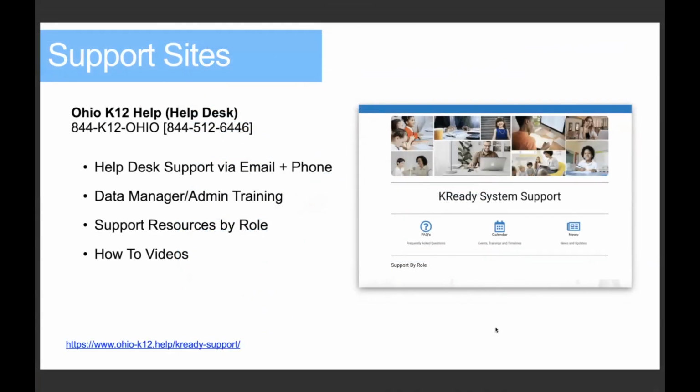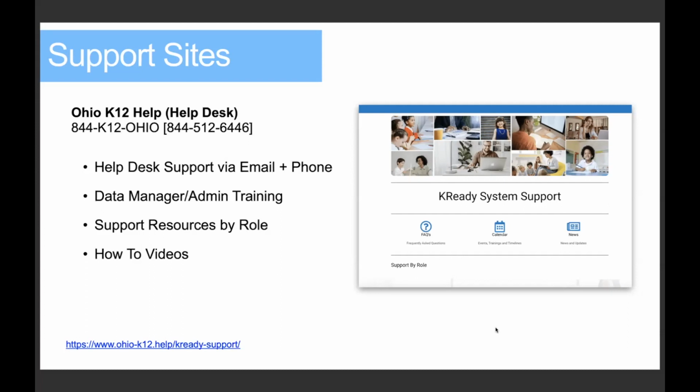The support site here is the Ohio K-12 Help Desk. I want to just point out a couple of quick things, and then I'll show you some things on the site itself. The first is the phone number for support. It's right there, 844-K-12 Ohio, or 844-512-6446. You can reach out to us if you have questions or need some technical help.